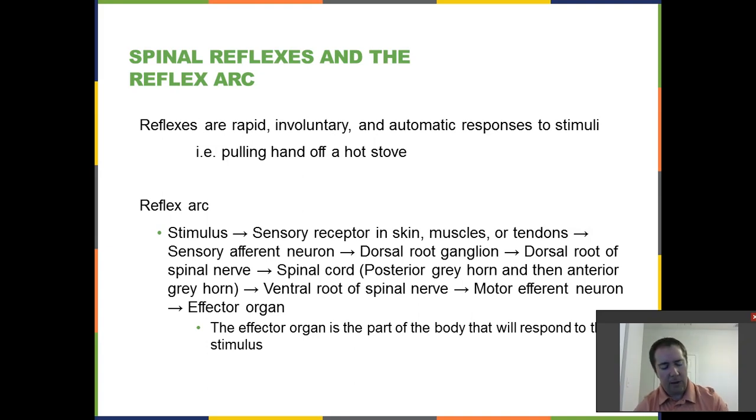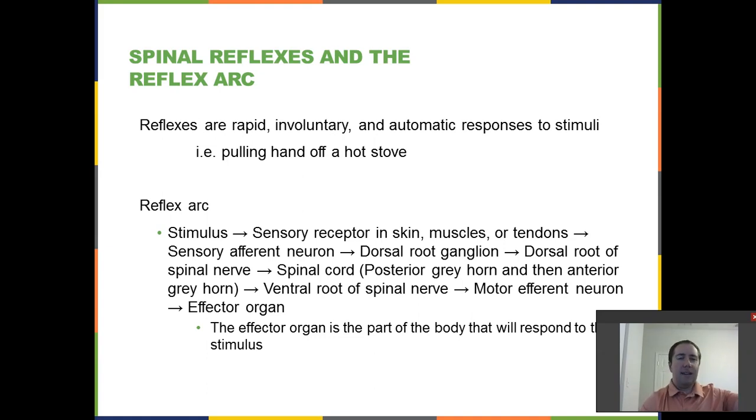And remember, we used that term effector last week. An effector can be a muscle or a gland. So that is going to be whatever is going to carry out the command sent by the spinal cord, like the muscles in your arm forcing you to pull your hand back.